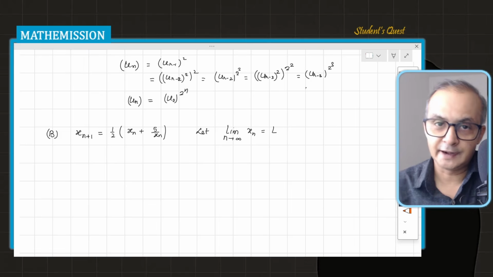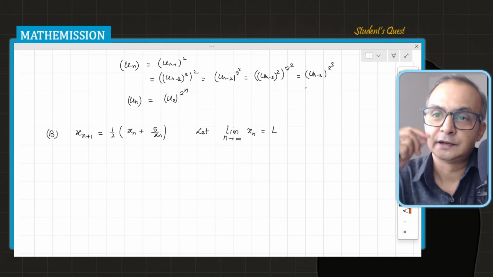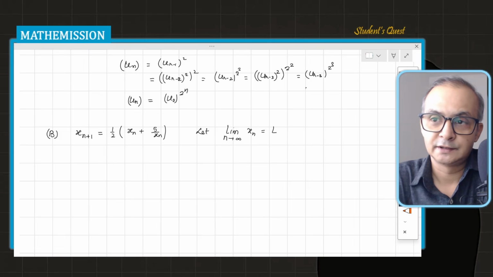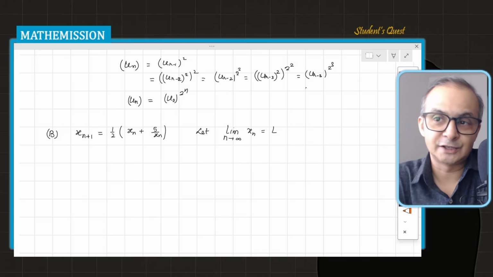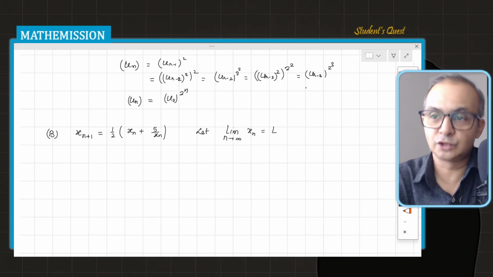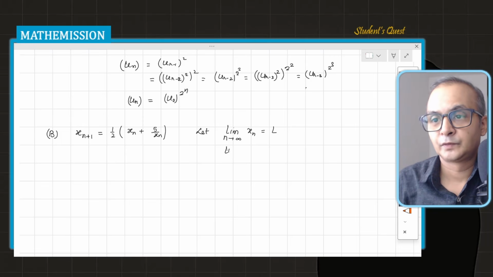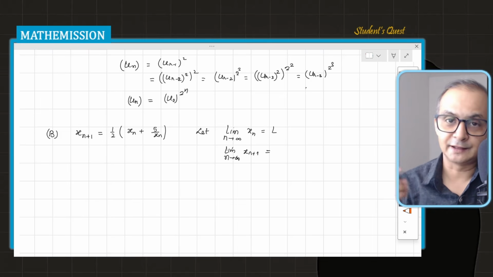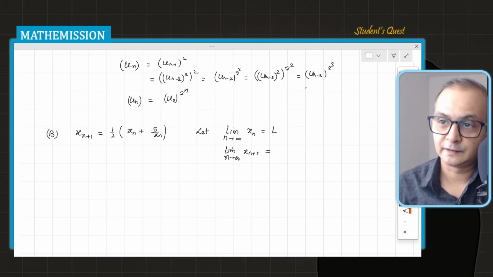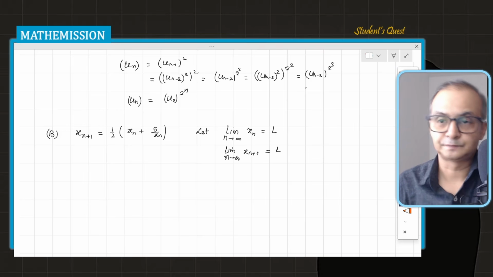So if n tends to infinity, the limit of xn is L. We can assume that as n tends to infinity, xn plus 1 is also L. So at a very large n, the limit of xn and the limit of xn plus 1 should be the same.